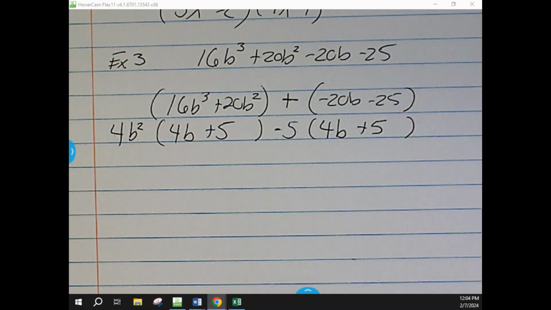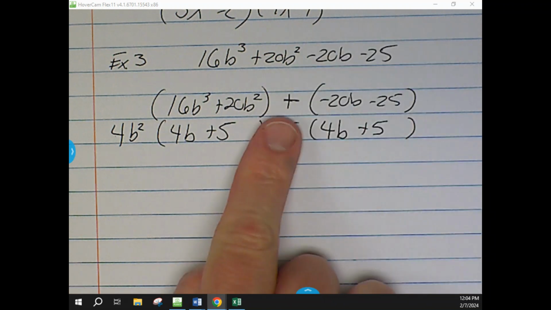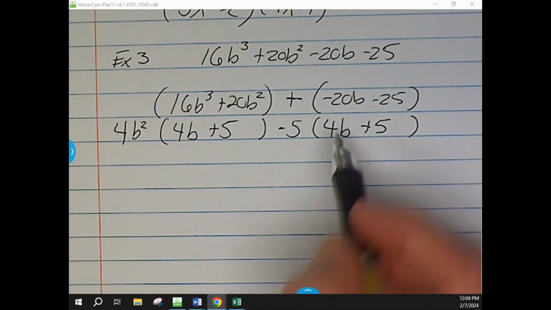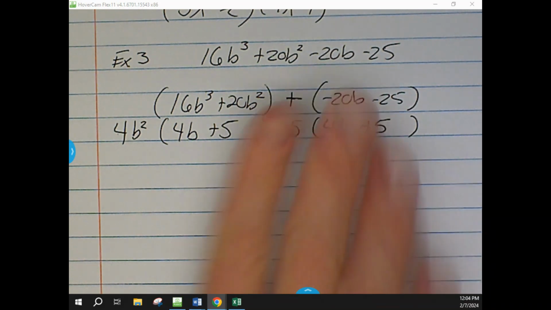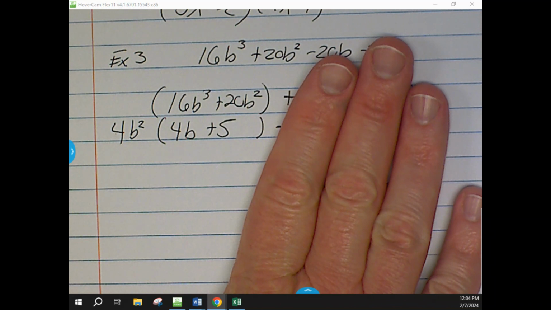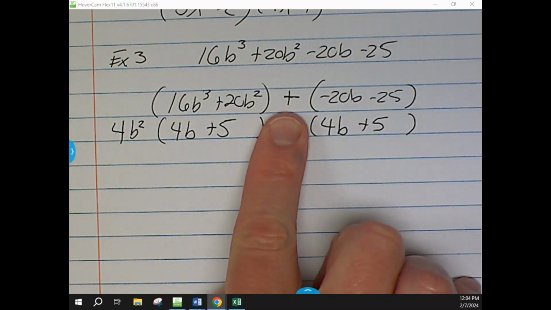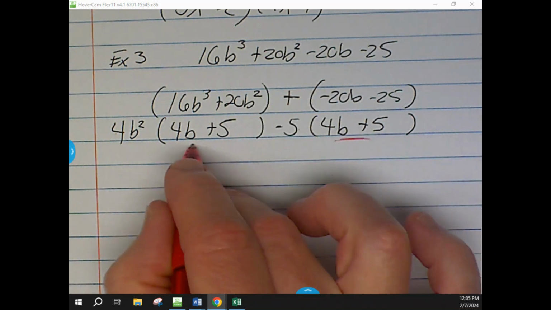Now, here's the part where you can cheat just a little bit. If you look at the first one and you're really good on your answer on the first one, you automatically know what's going to be in the parentheses there. So then it's just a matter of, okay, how do I get a 4B plus 5 here? Well, that's just 20 divided by 4, that's a 5. So if you know what this answer is, and you're really confident, you can kind of cheat because these two things have to be the same.